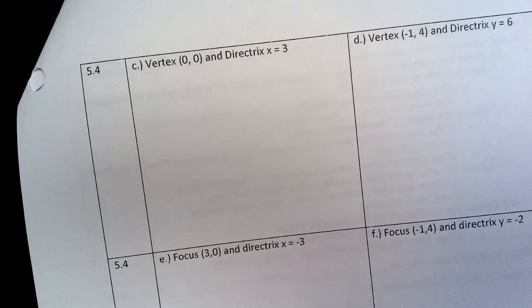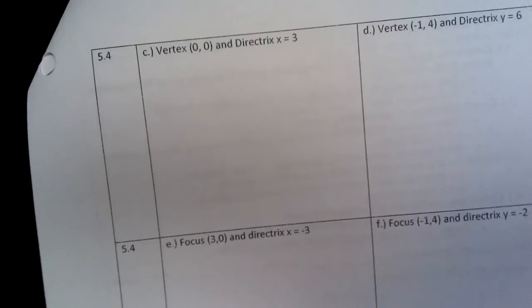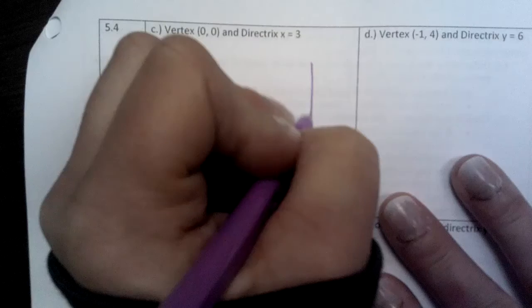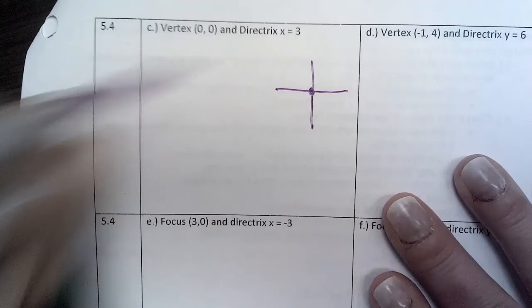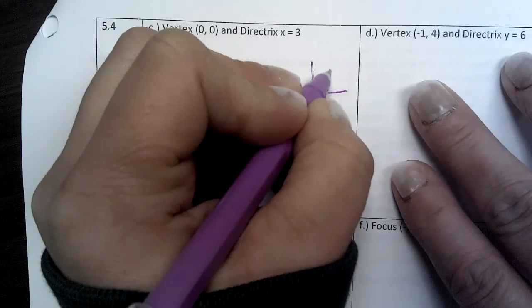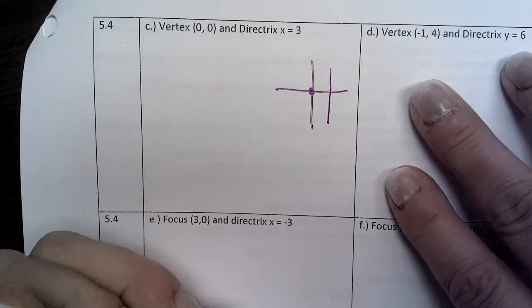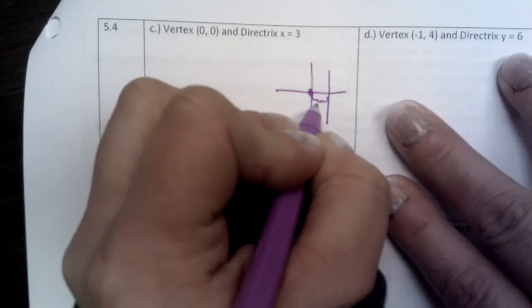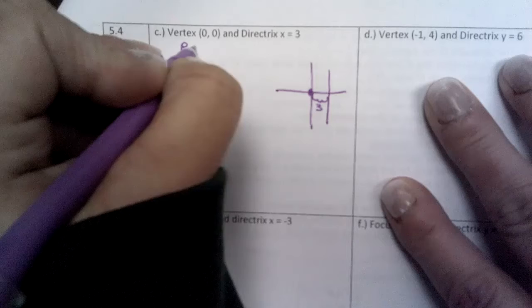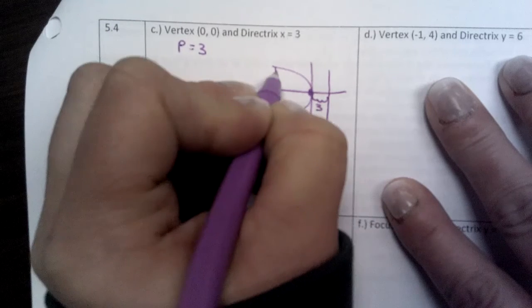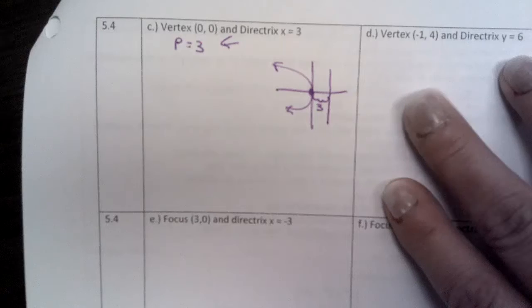Okay, let's go ahead and take a look at the next one here. The next one says my vertex is (0, 0). So once again, like I said, I always sketch these. And my directrix is x equals +3. So there's my directrix, so my p-value is 3. And this thing is going to have to open away from my directrix, so it opens to the left.